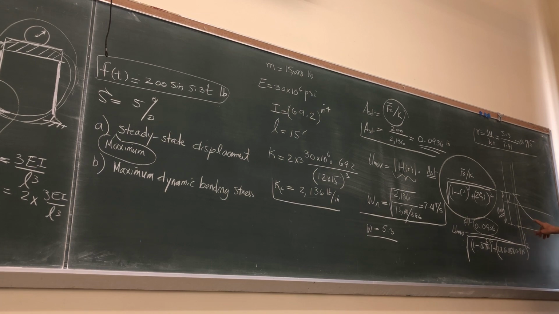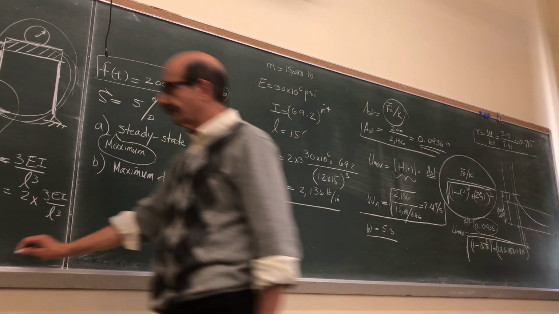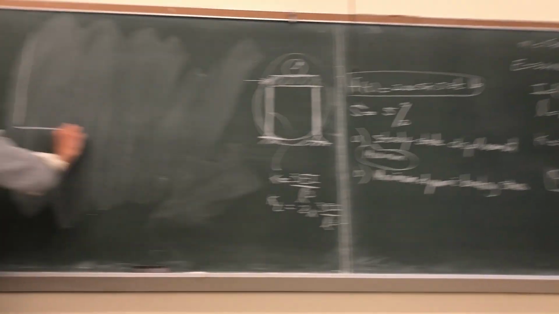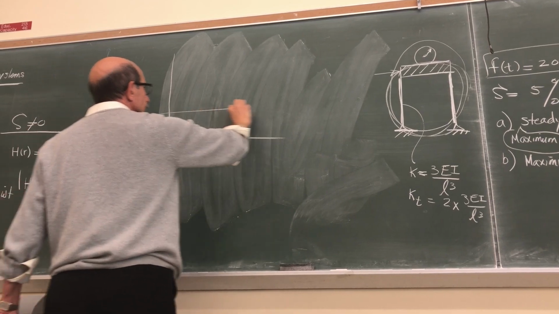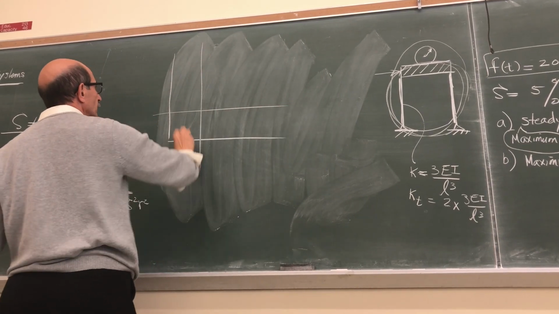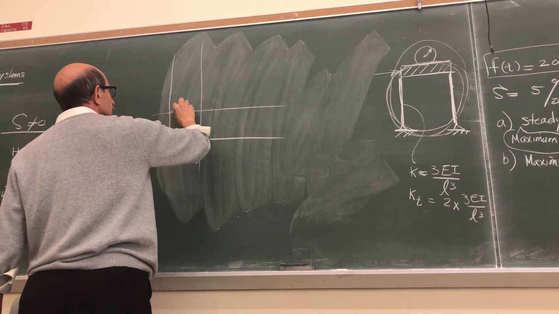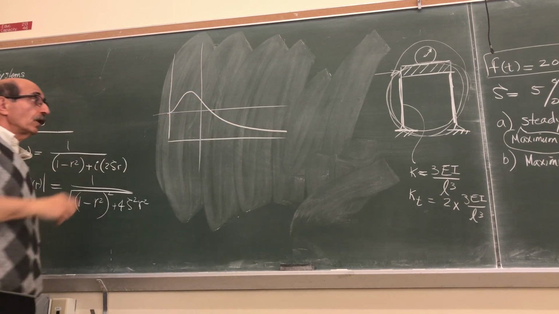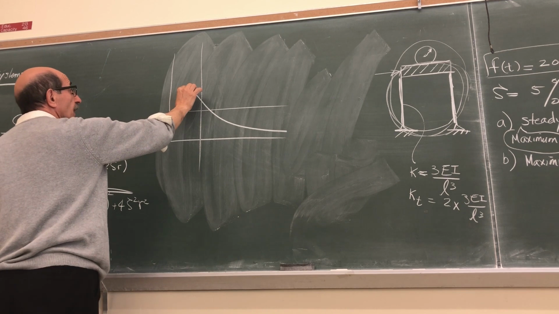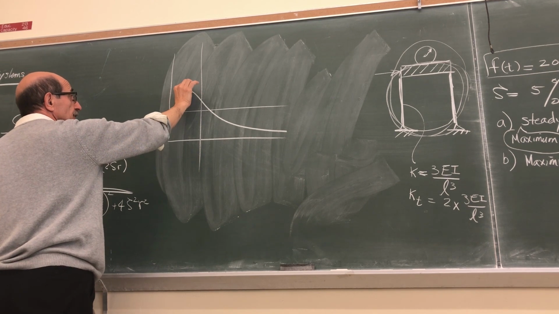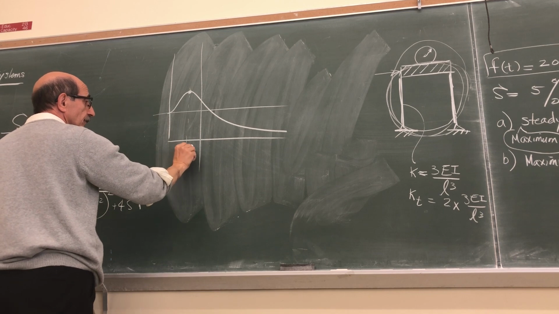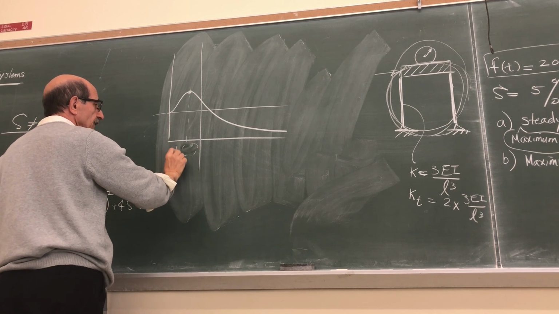Let me actually do that in here. What you're saying is, if I plot this curve, and this is 1, it looks something like this. How do I know if the R value of 0.715 is right here?